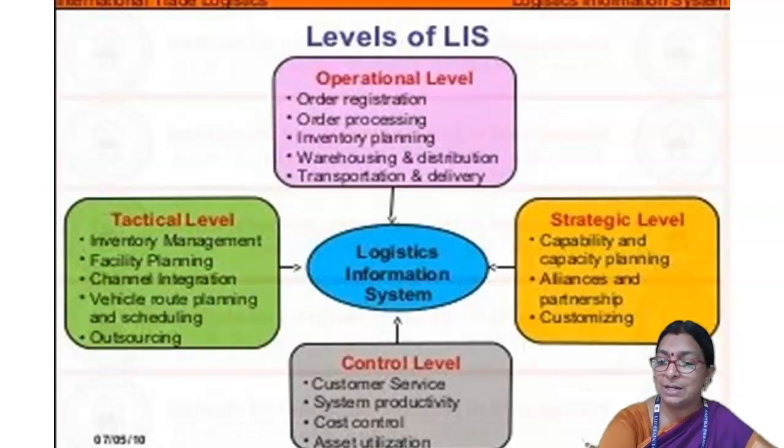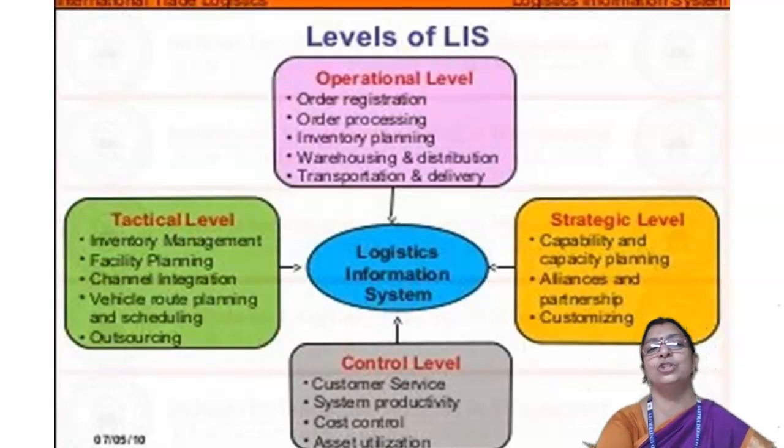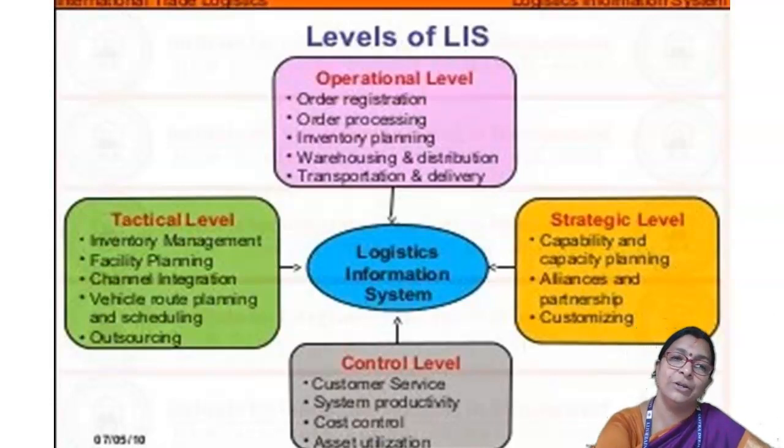In addition, the system will also generate certain documents like orders, invoices, delivery notes, packaging lists, etc. So the LIS, in the context of transportation, focuses mainly on helping in reducing the transportation cost and increasing the planning capability of the logistics department.